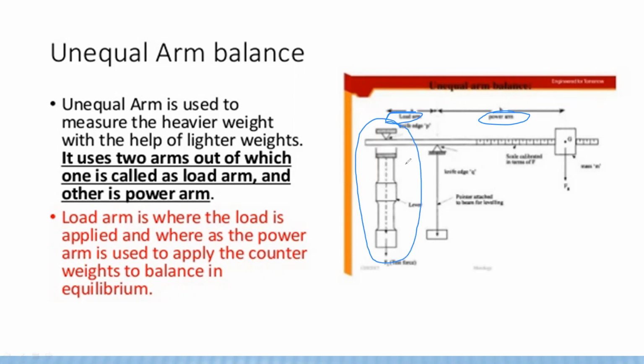I am testing this specimen to see how much load acts on this object, so that is the load arm. And this is the power arm, the power point, where some mass is applied. There is a point for leveling, and a scale.